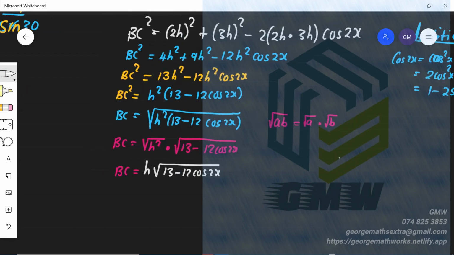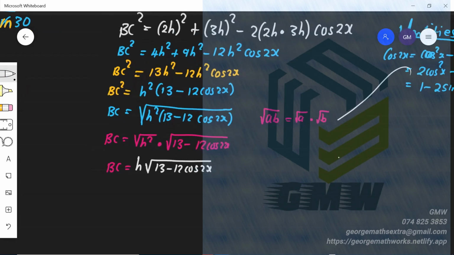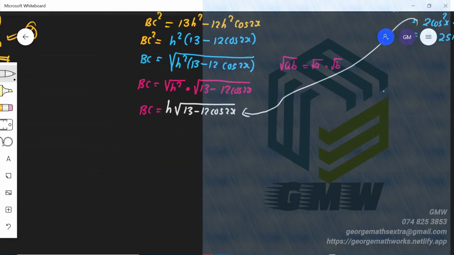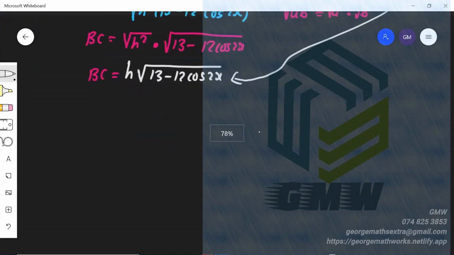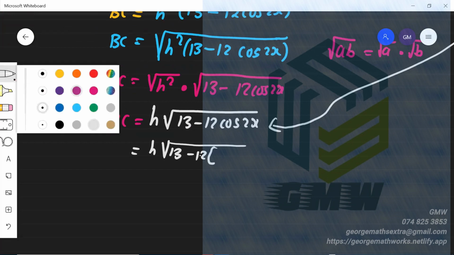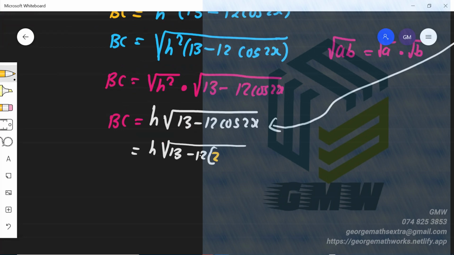But now we have our identities from this side, right? We can replace cos 2x with 2 cos squared x minus 1. So let's do that together. It means h times the square root of 13 minus 12, and instead of writing cos 2x, we replace it with 2 cos squared x minus 1.